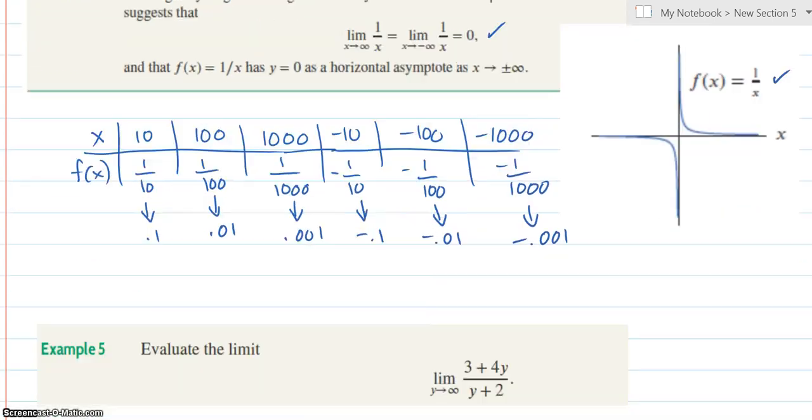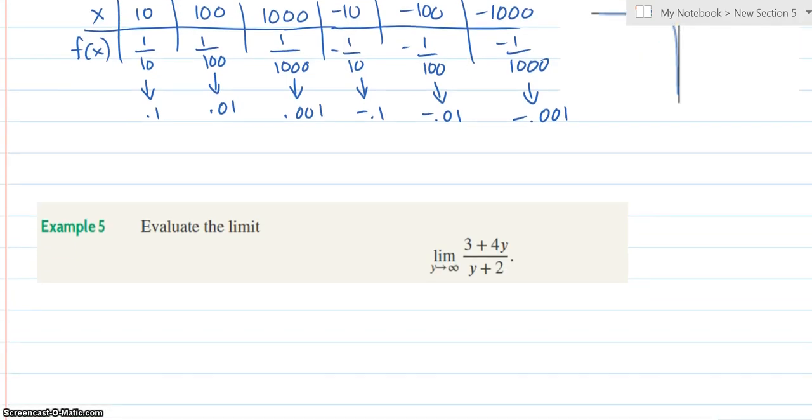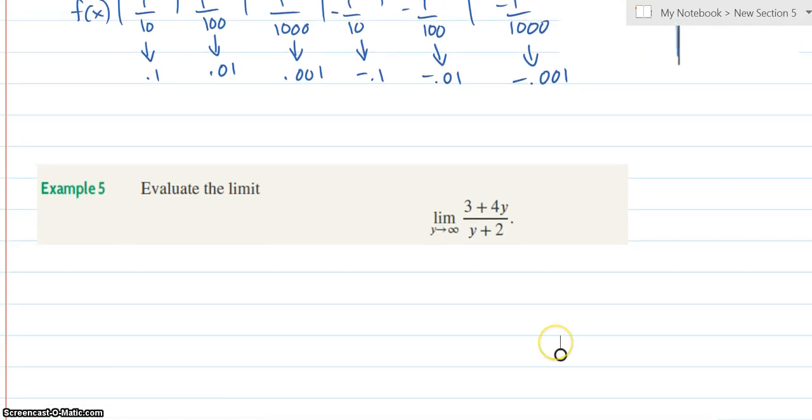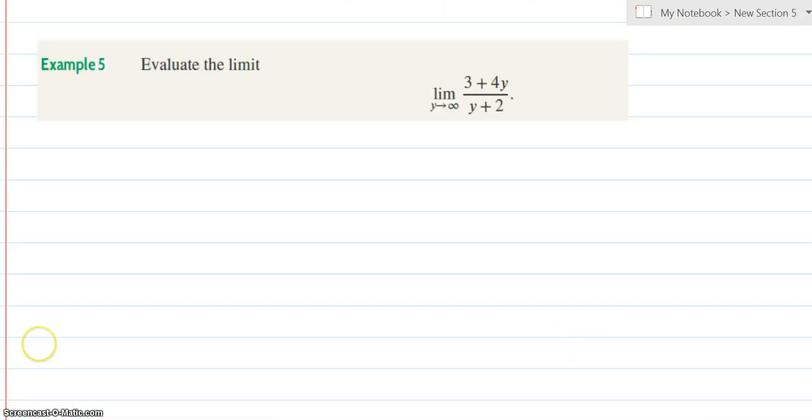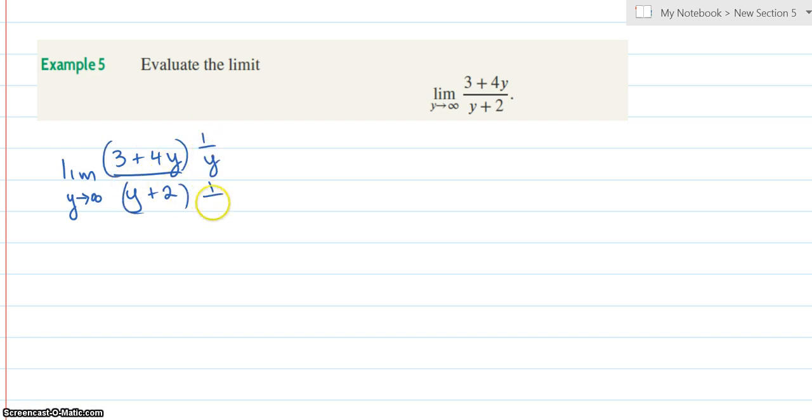Okay, so let's use this to calculate this limit from this section. To evaluate this limit, I'm going to multiply numerator and denominator by 1 over y. So if I did this, what do we get?